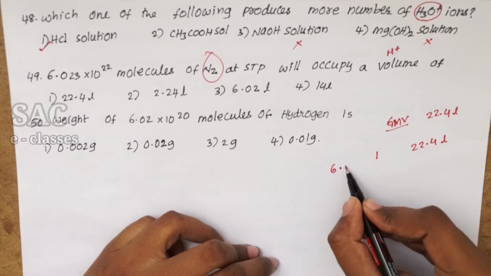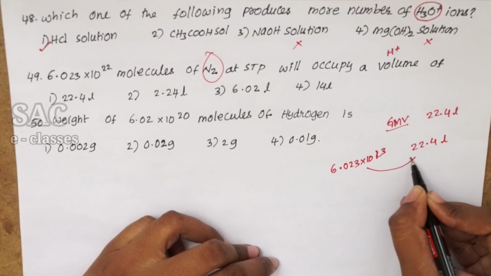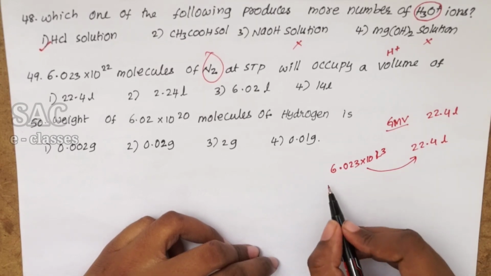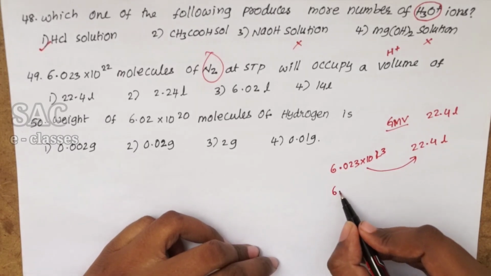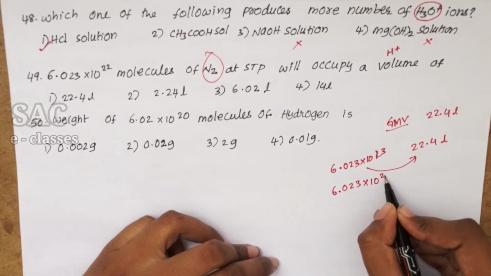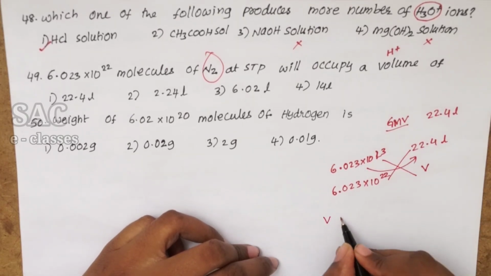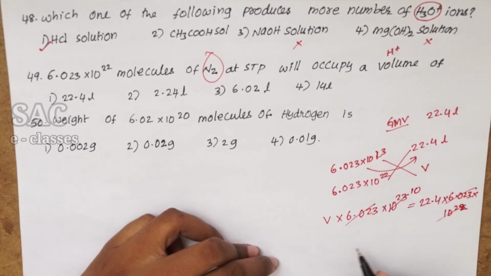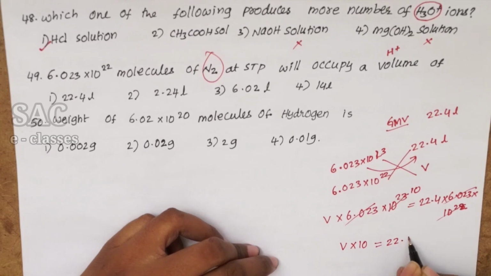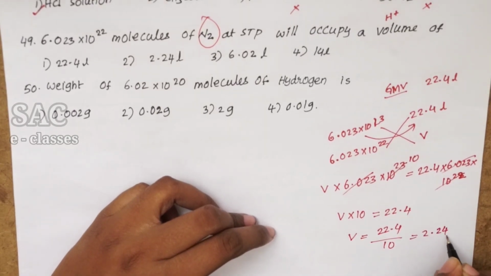Nothing but 6.023 into 10 to the power of 23 molecules will give you a volume of 22.4 liters. But this time how many molecules are there? 6.023 into 10 to the power of 22. What is its volume? We don't know. Let's do cross multiplication. Here 22, here 23. Then V into 10 equals 22.4, so volume is equal to 22.4 by 10, which gives you 2.24 liters of volume.